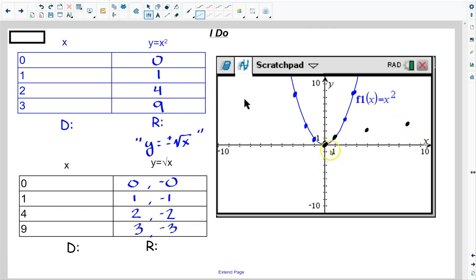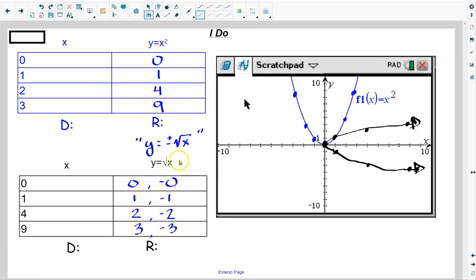We'd also have what? 1, negative 1, 4, and negative 2. And we go to 9 and negative 3. So we would get what some of you would have thought, what everyone should be realizing, that makes sense.